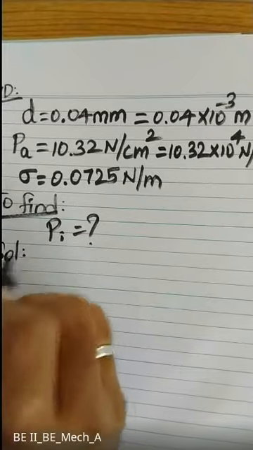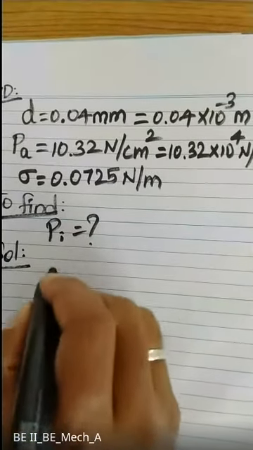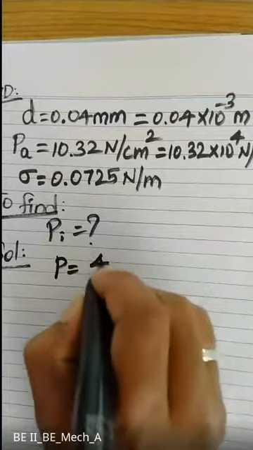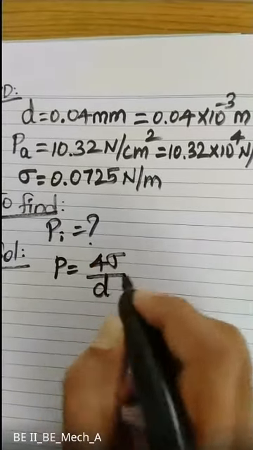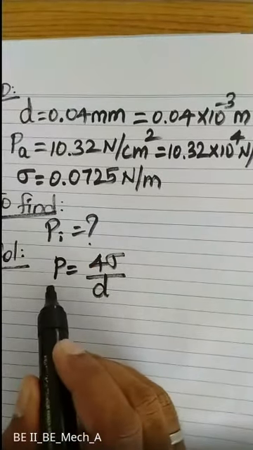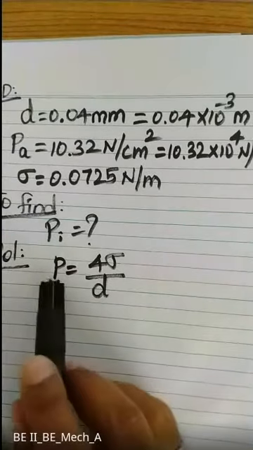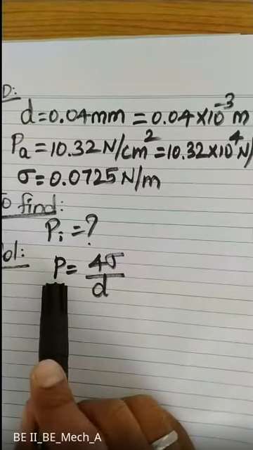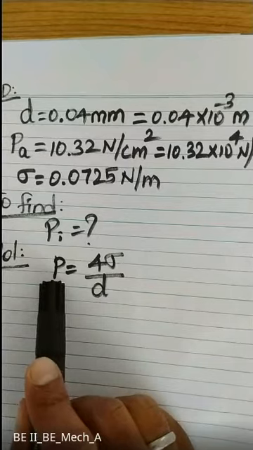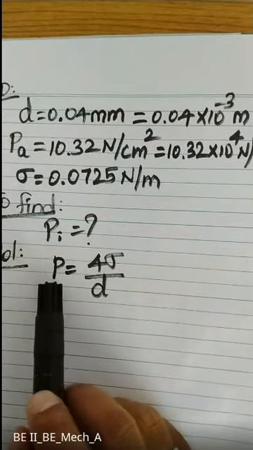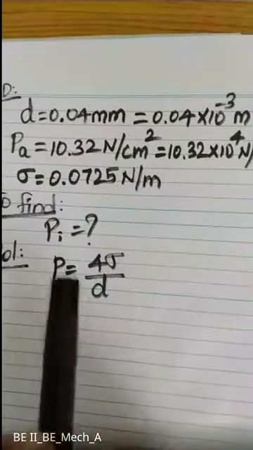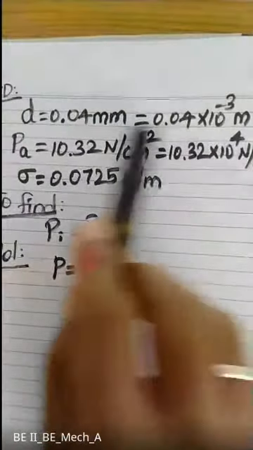Here you can use the formula of water droplet, that is P is equal to 4 sigma divided by D. Actually, you need to find the difference in pressure first. Then you can add this difference in pressure with this particular value.